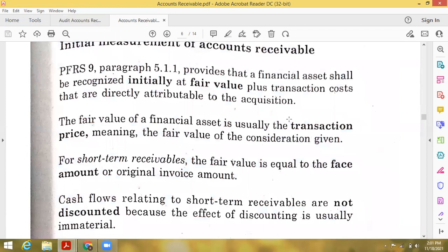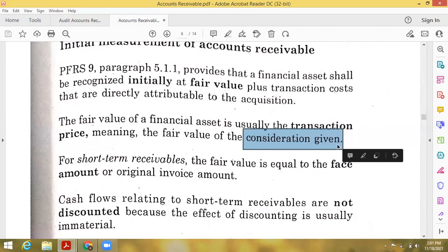Usually daw the transaction price. So, kung magkano yung inutang natin sa atin, yun yung transaction price, di ba? Kung magkano yung inutang niya na value ng tinda natin, that is the fair value of our receivables. The fair value of consideration given, yung binigay natin, kunwari, nag-utang siya ng gasolina or gasol, 1,000 pesos.